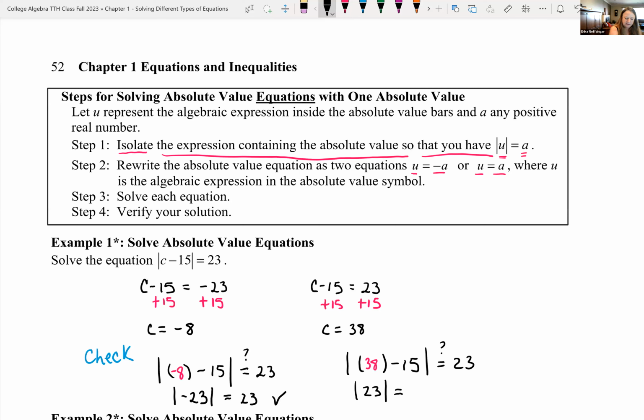Is the absolute value of 23 equal to 23? It is, so both of our solutions work. Notice it's okay for our solution to be negative, but it was not okay to start the equation where the absolute value is equal to a negative number. So we have two solutions for that absolute value equation.